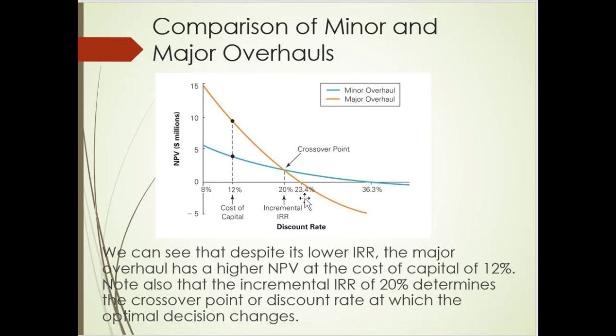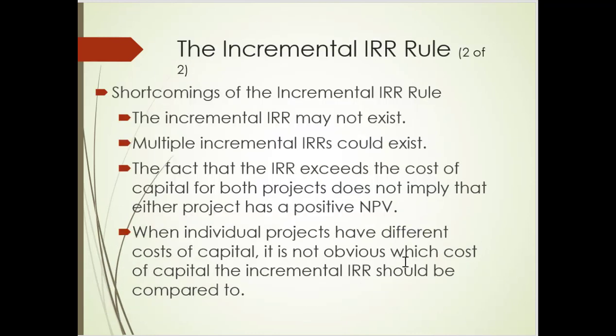That'd be at roughly 20%. You can see here the internal rates of return. So again, your cost of capital will make a difference on which one of these is the best project to do. Look forward to talking to you in the next video.